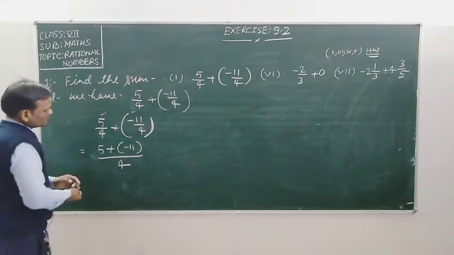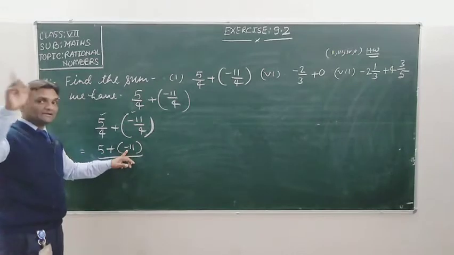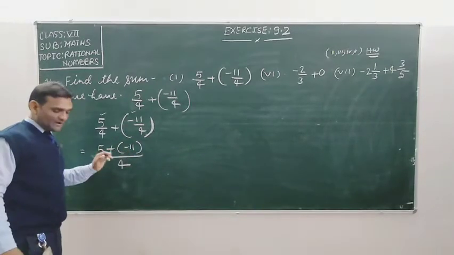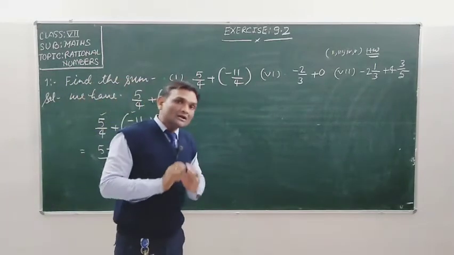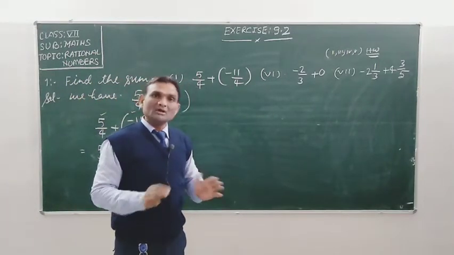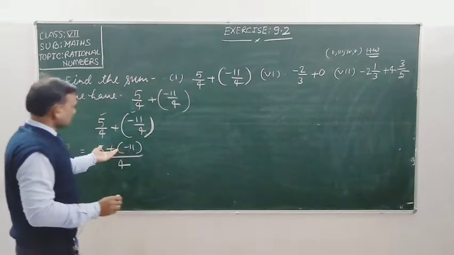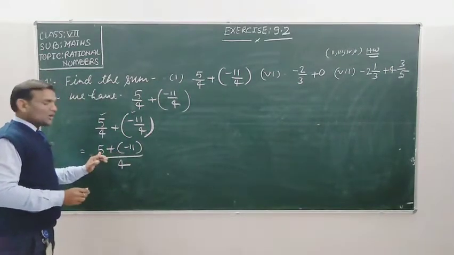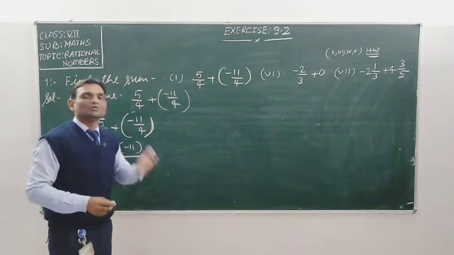Student, I told you in the integer chapter, if one is negative and the other is positive, then we can't add, we only subtract. सिर्फ हम माइनस करते हैं. अगर एक पॉजिटिव है एक निगेटिव है और हमको ऐड करना है तो ऐड नहीं होगा.